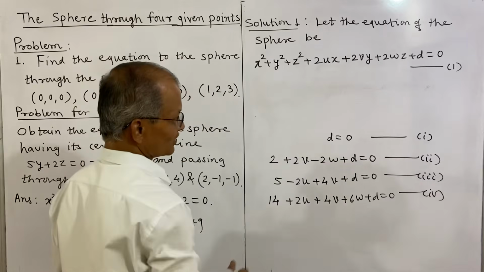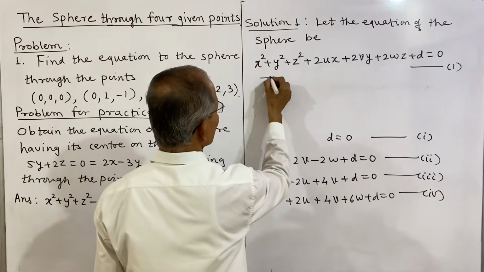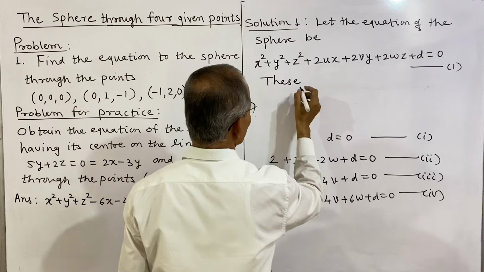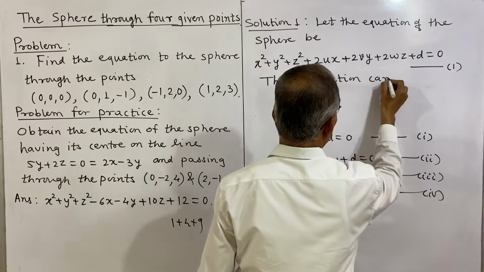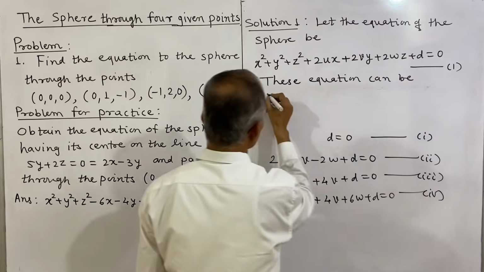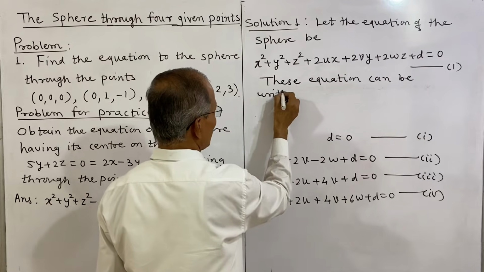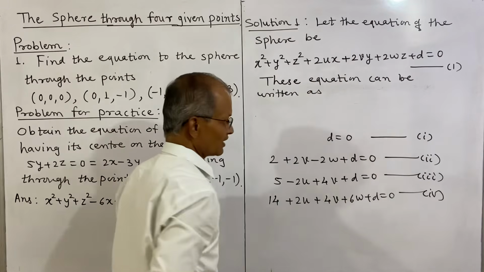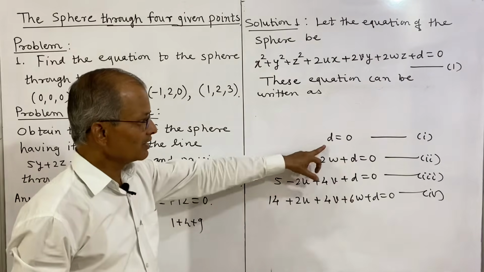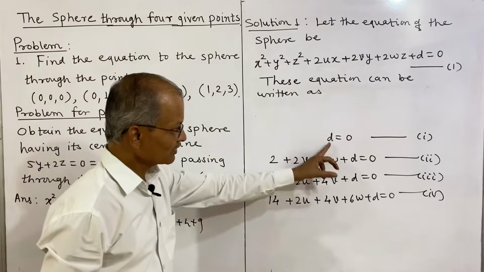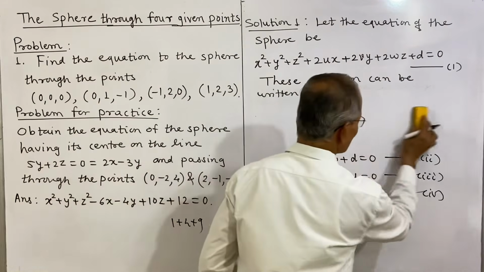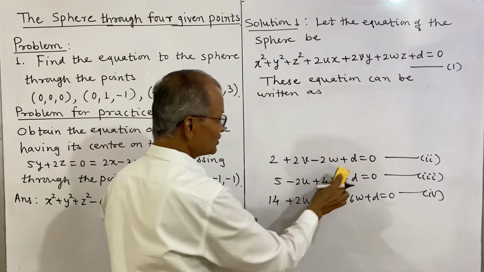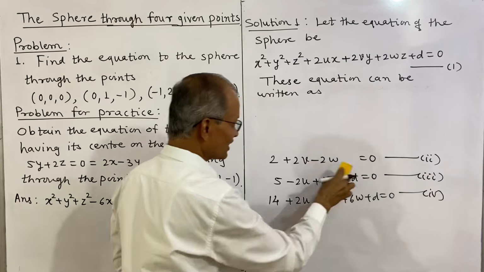So these equations can be written in a particular way. This d is 0 and we use this value of d in the remaining equations. So I shall discard this.